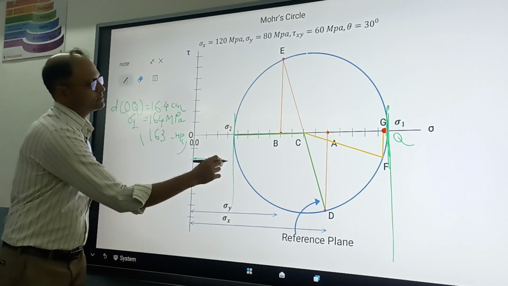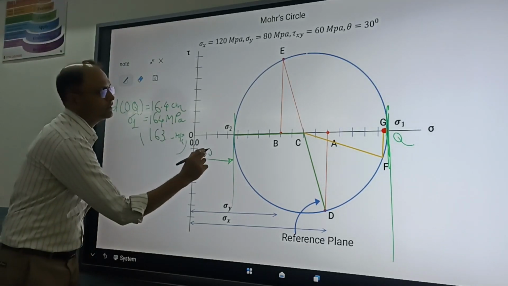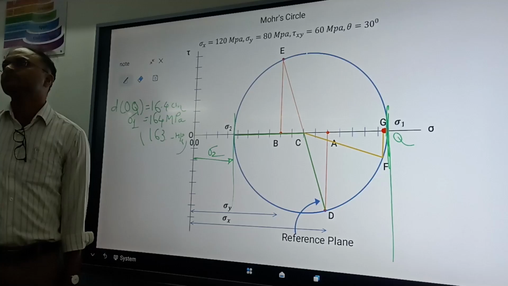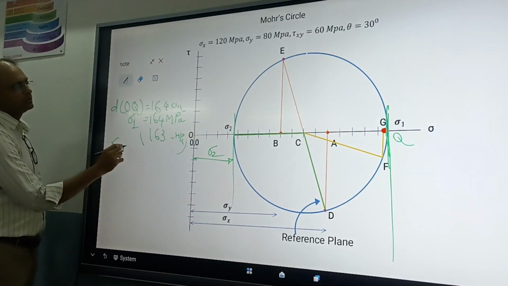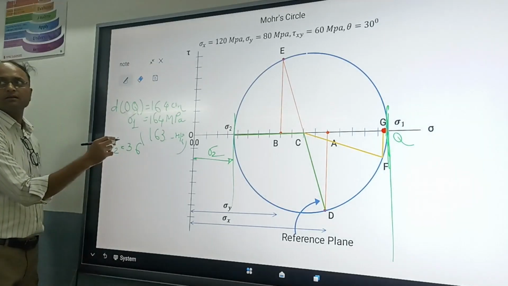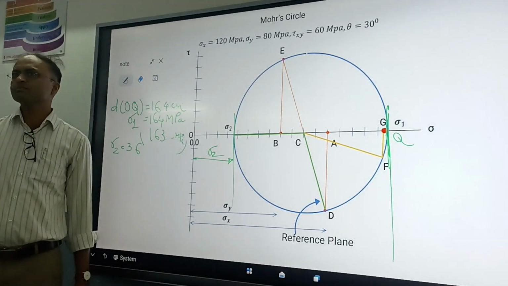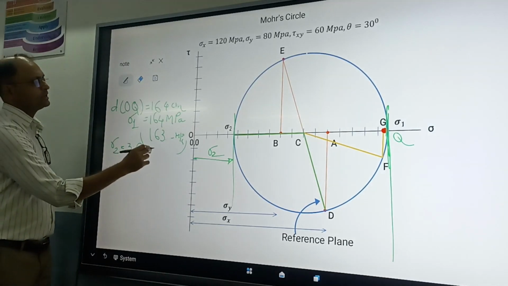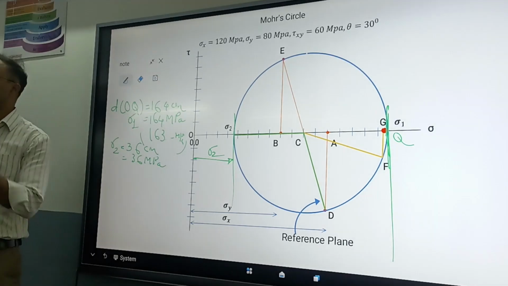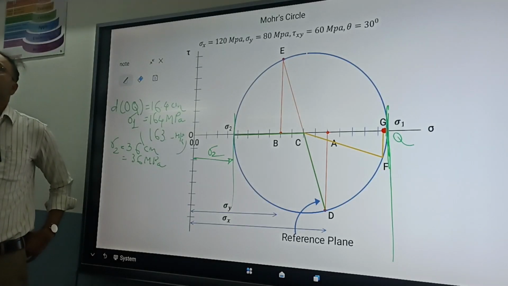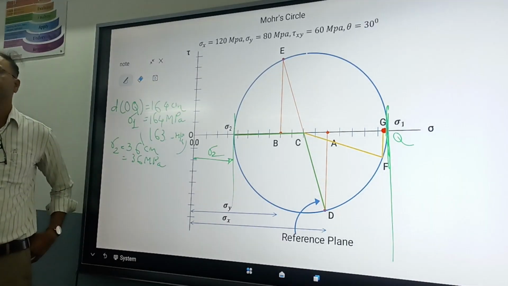This is the minor stress, sigma 2, equal to 3.6 centimeter, or 36 megapascal. 3.5 or 3.7 is also fine, plus minus. Have you all obtained this value? Near to this? Yes, sir.